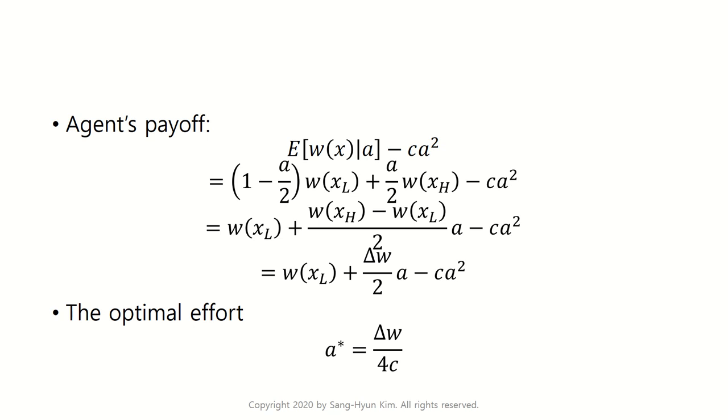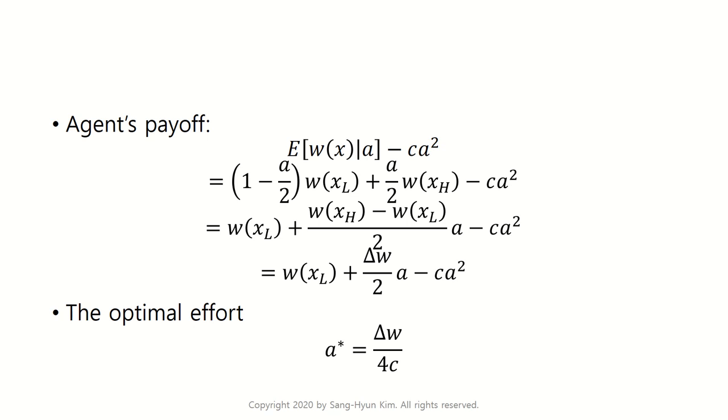So we derived this optimal effort, and let's just go back to the big picture. So we consider the last stage first. What we just considered was the agent's utility maximization problem at the very last stage, stage 3. And in stage 2, the agent decides whether to accept the offer or not.